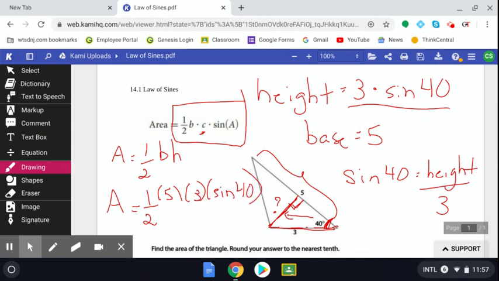And that's going to give you the answer. As far as entering on the calculator, you can just multiply all the tops together and then divide by 2. So 1 times 5 times 3, you get 15 sine 40, and then just take that answer and divide by 2. Okay?